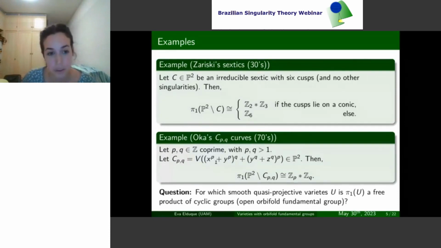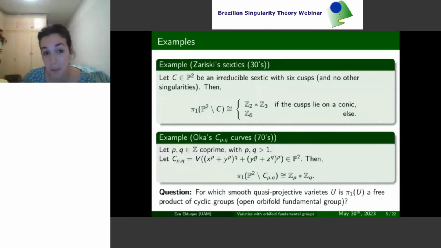So for sure, if you let P equal 2 and Q equal 3 in this example, then you're going to get a sextic. But I don't know if with that one, the only singularities are going to be on the conic, or if they're all cusps. I haven't checked.